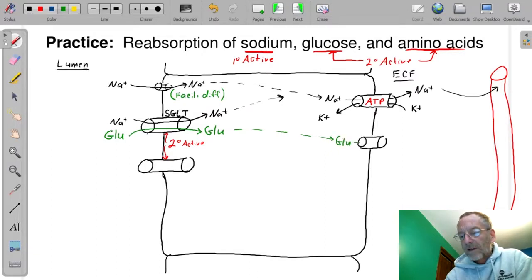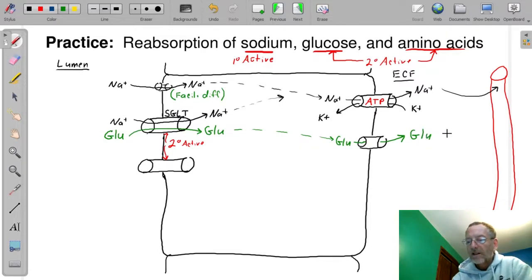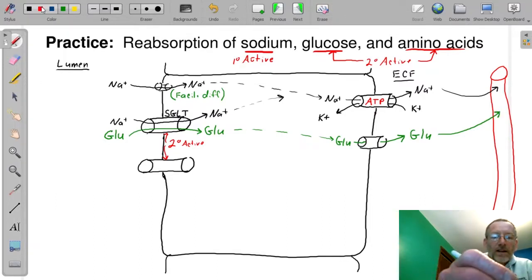So there's the glucose, and we've reabsorbed glucose back into the ECF, and that returns to the blood as well. This process was facilitated diffusion, so I'll abbreviate that as FACDIF.